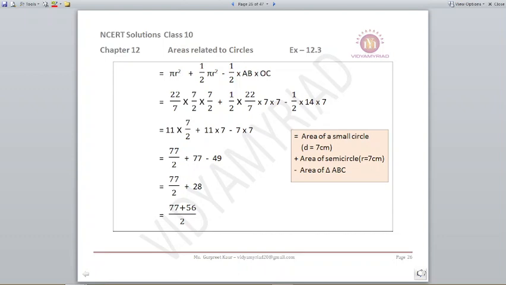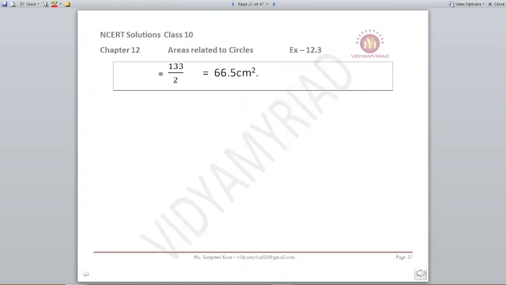So 7 into 7 minus half into 14 into 7. On solving this, take the LCM, you will get 77 plus 56 upon 2, and you get 66.5 centimeters square as your answer for the shaded portion.